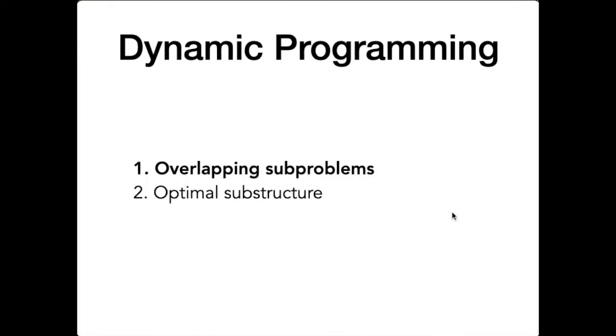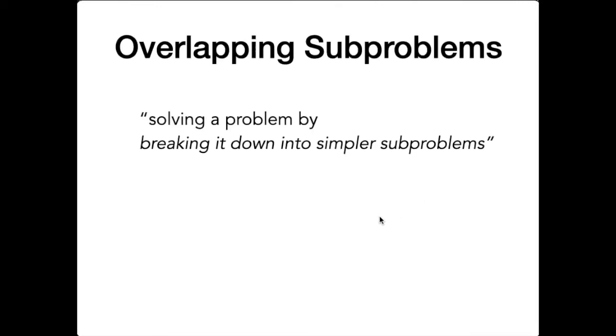This technique has 2 characteristics. Number 1 is that the dynamic programming approach addresses problems with overlapping subproblems and utilizes the property called the optimal substructure property.